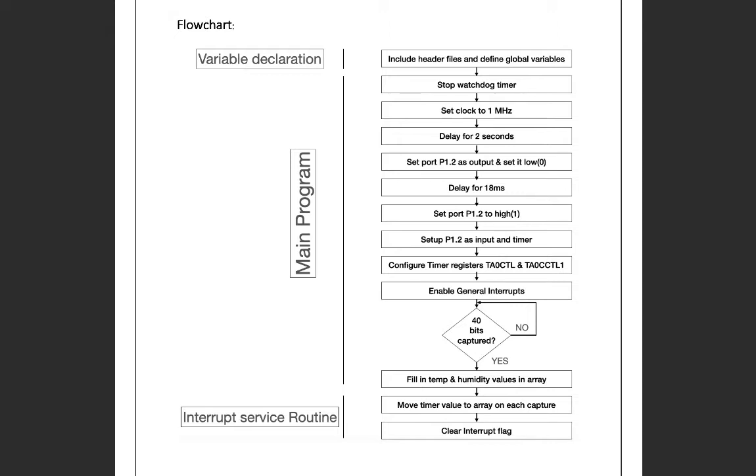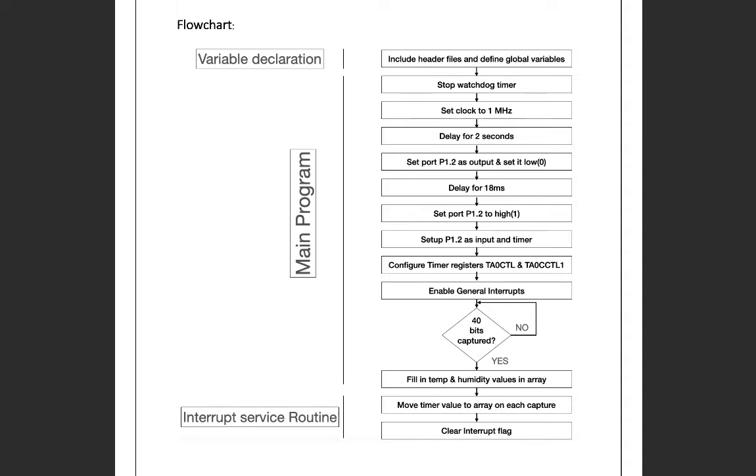To send the start pulse, we have to configure this pin first as an output pin, then later configure it as an input pin after we send the start pulse. So we will be using the same pin for sending the start pulse and receiving our data train.